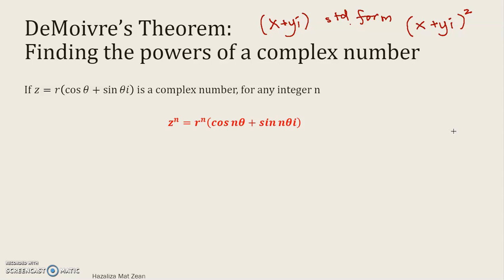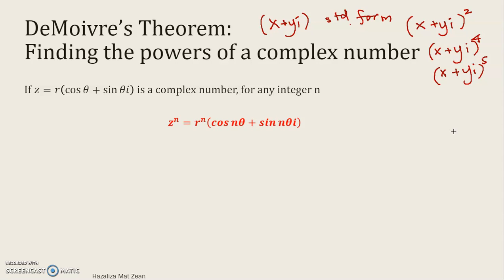If it's just a square, then it's not that difficult. But let's say we have to find the powers of a complex number up to the power of 4, or up to the power of 5. If this complex number is maintained in the standard form, then it will be very tedious.